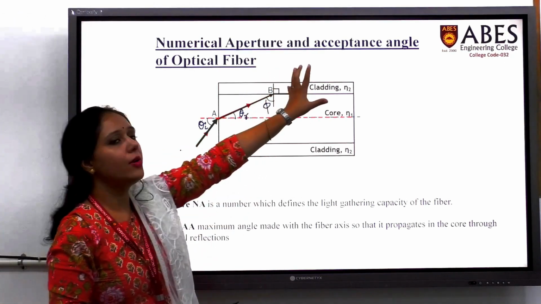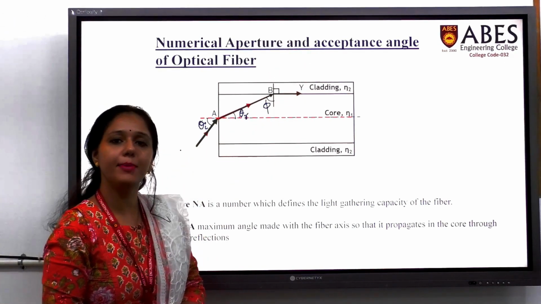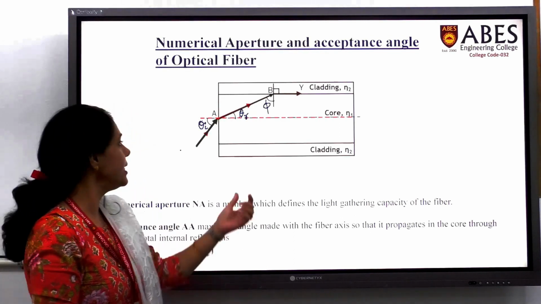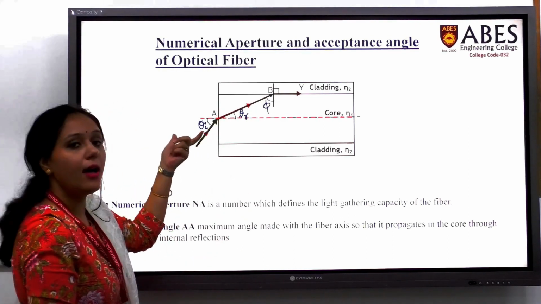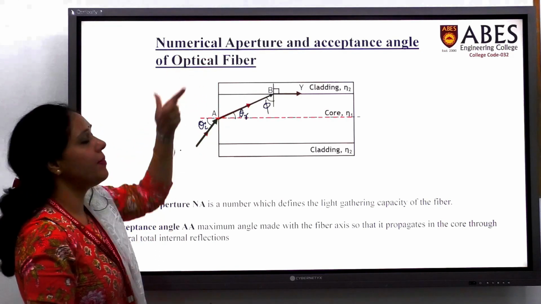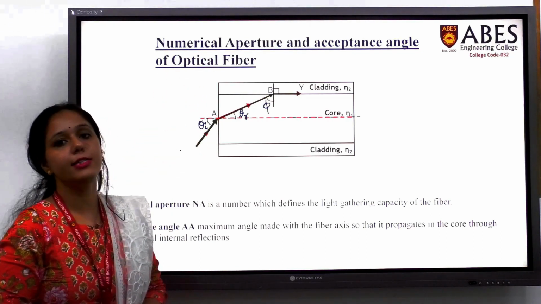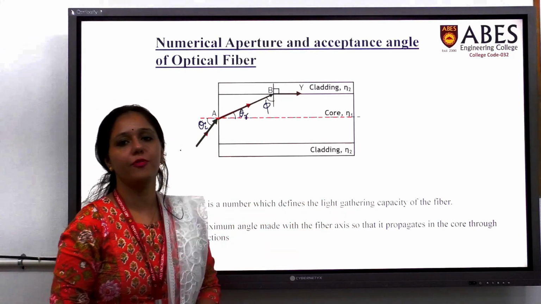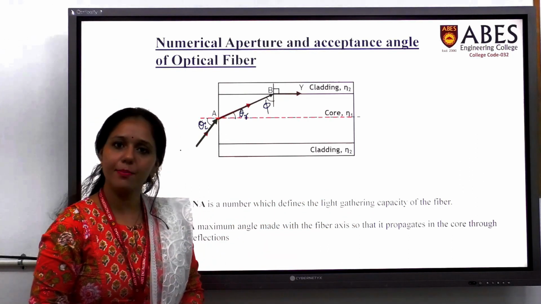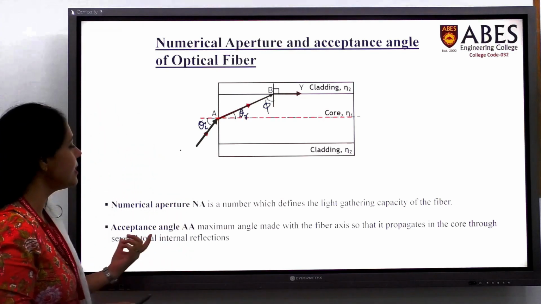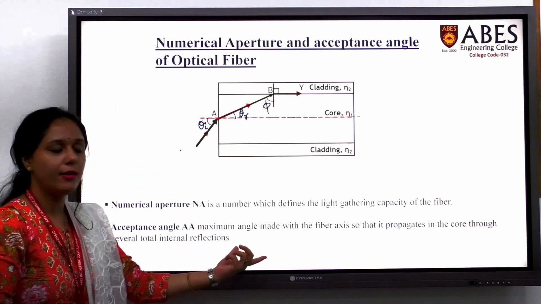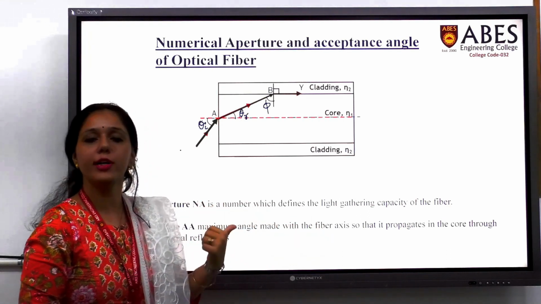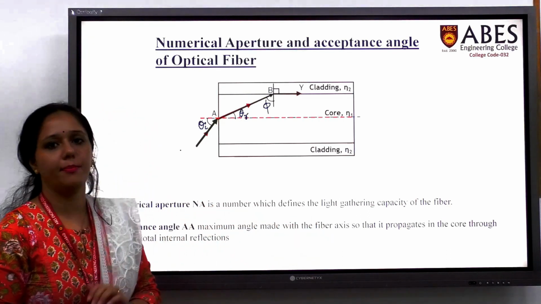If we have some particular angle which we call the acceptance angle, the sine of this angle, sine theta max, sine theta I, will be the numerical aperture, and physically we can understand it as telling the light gathering capacity of the optical fiber. Acceptance angle we can define as the maximum possible angle which the fiber can accept so that TIR, total internal reflection, must take place.